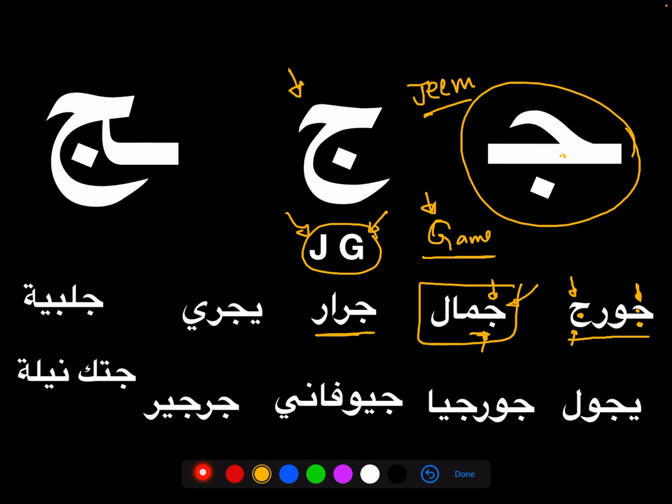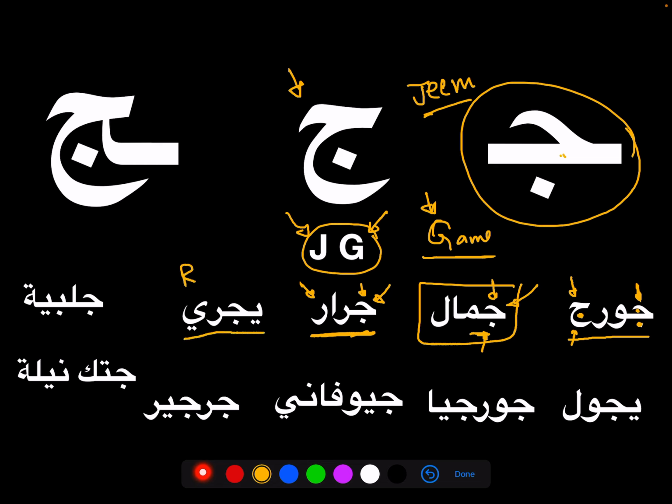The third word here we have Jarrar. If you're from Cairo, you'll say Garrar, but it's Jeem at the end. And in Arabic, the formal Arabic is Jarrar. So Jeem here, and this word means tractor. Jarrar.